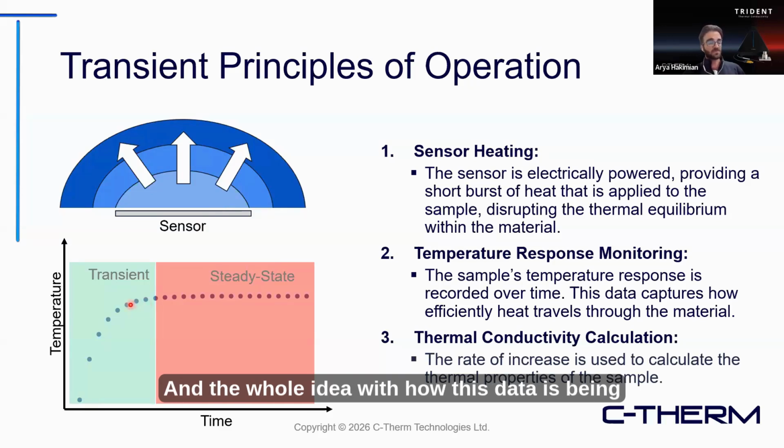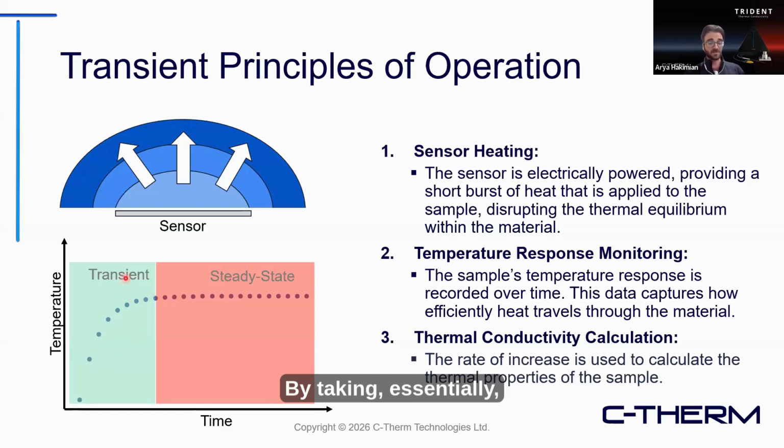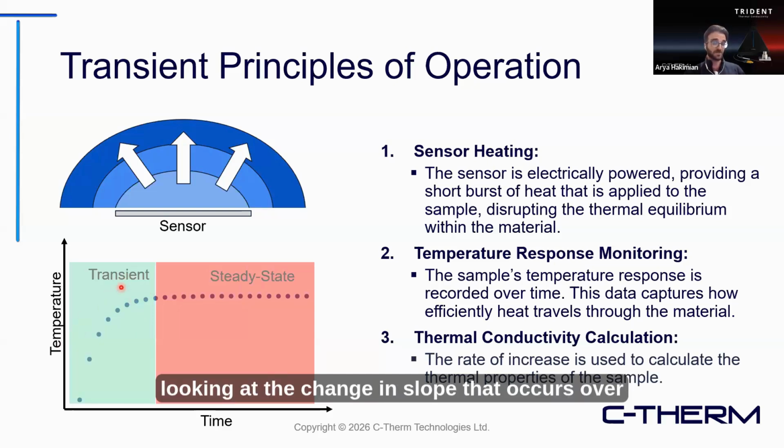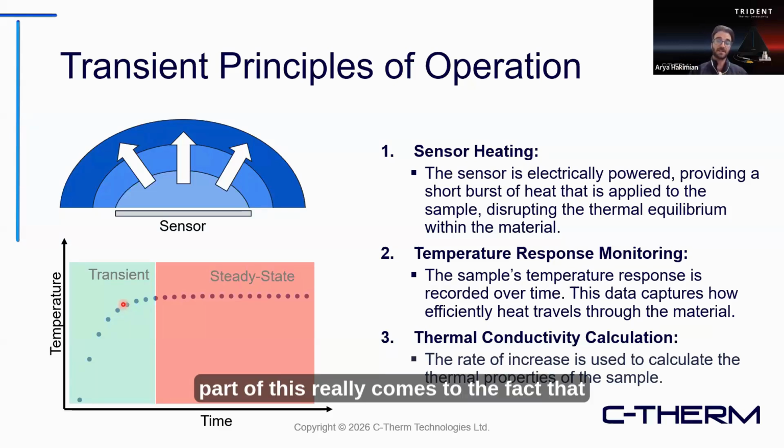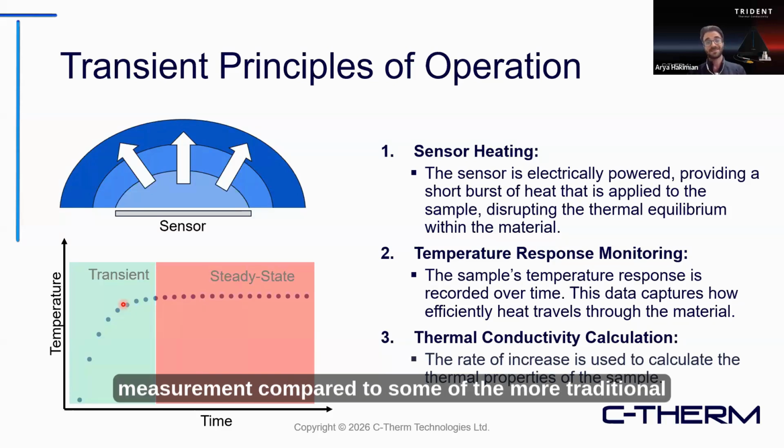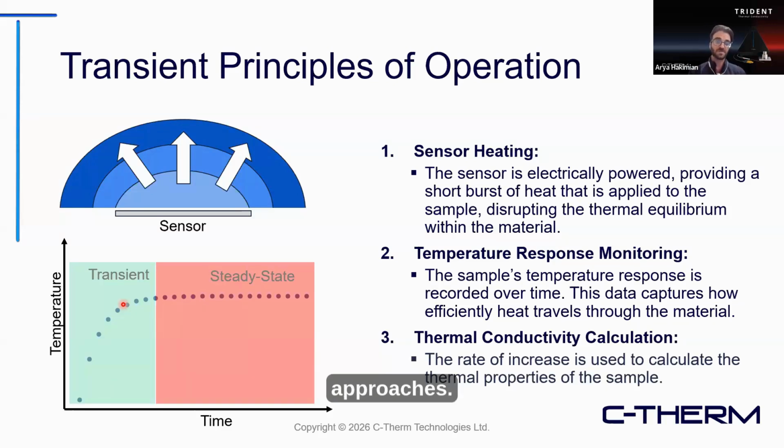And the whole idea with how this data is analyzed is that we are not waiting for that steady state constant point to be reached. We're actually doing the analysis in the earlier region by essentially looking at the change in slope that occurs over the transient zone. So part of this comes down to the fact that transient will always be an inherently faster measurement compared to some of the more traditional approaches.